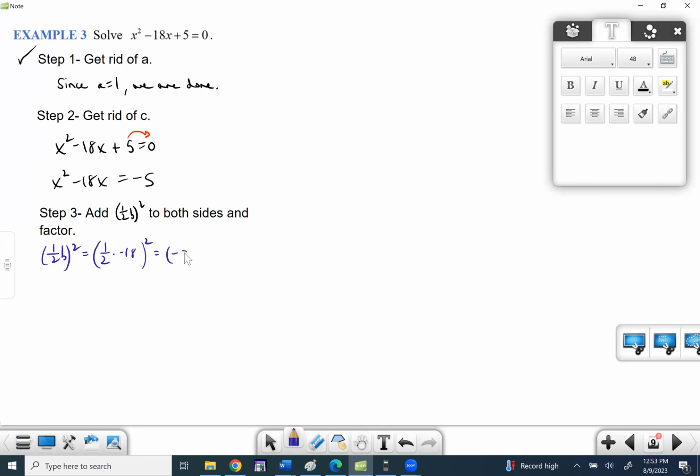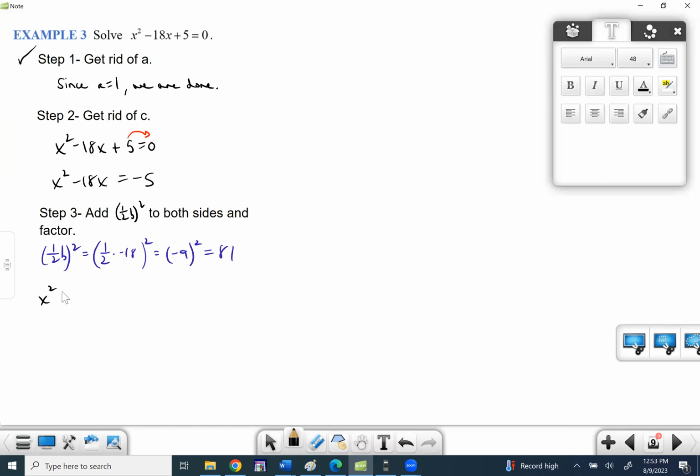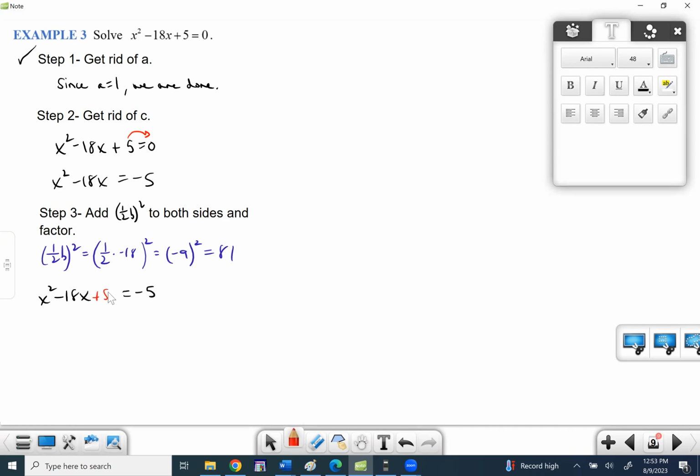Well, 1/2 of -18 is -9. So that means we're going to be adding 81 to both sides. So here we go. We got our x squared minus 18x equals -5. But we just found out that we're going to be adding 81 to both sides.